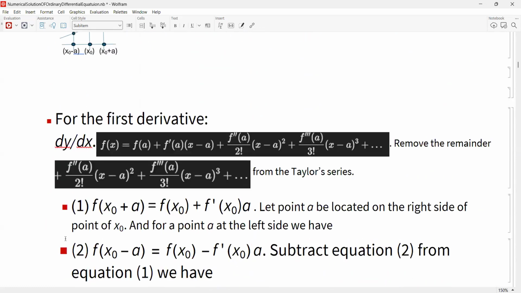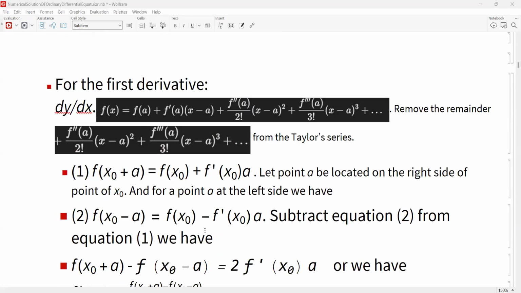Okay, so for the first derivative, from this Taylor series, we have to remove the remainder. So remove this remainder from the Taylor series.